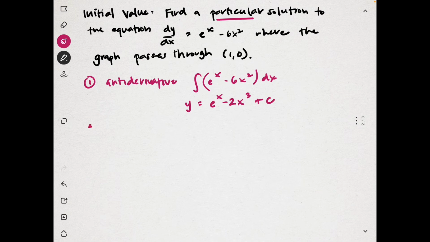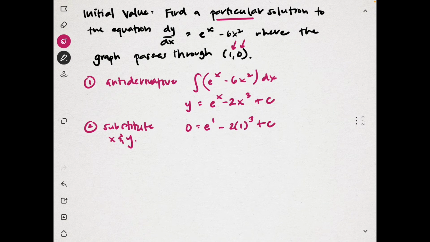Okay, so the second step is we're going to plug in our value. So substitute x and y. So we're going to plug in 1 for our x and 0 for our y. So 0 equals e to the 1 minus 2 times 1 cubed plus c.